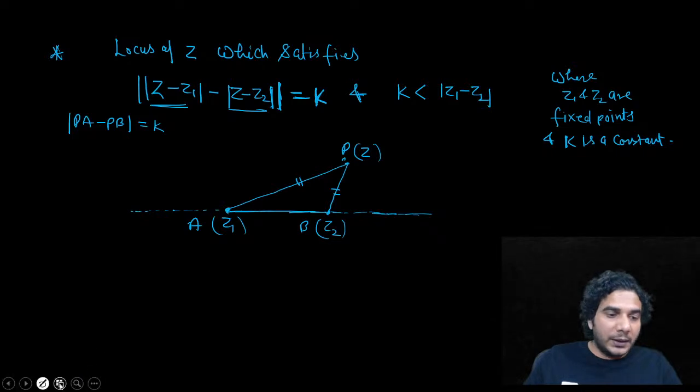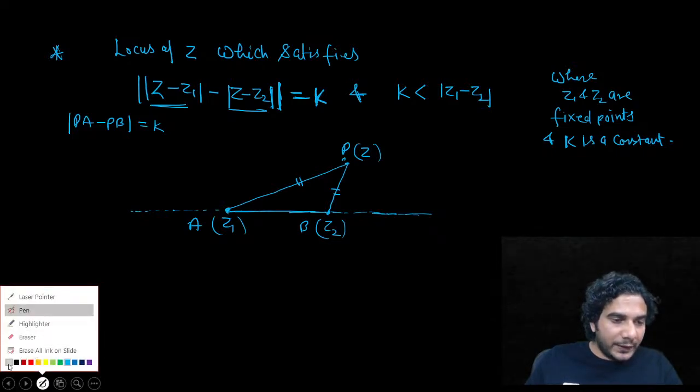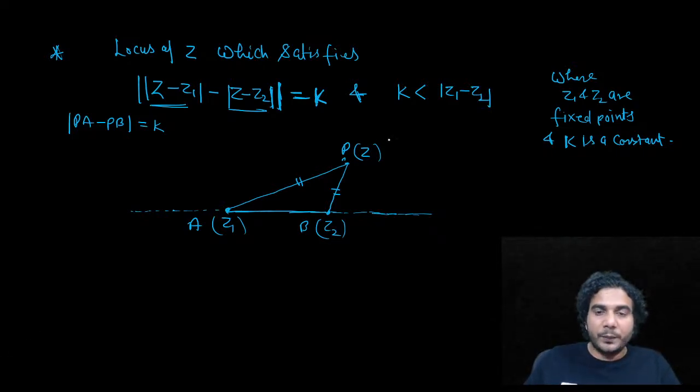If a triangle is possible, then the locus of P is a hyperbola, because it is a property of the hyperbola that for any point on it, the difference of distances from its foci is constant.